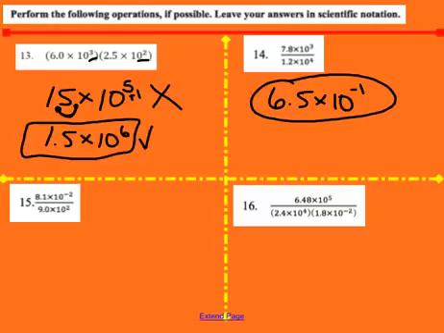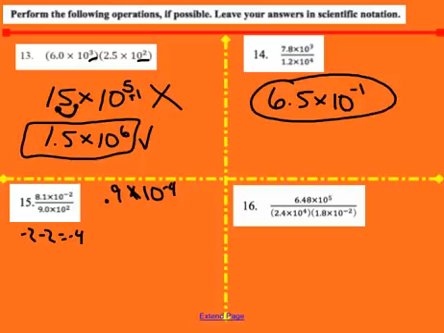8.1 divided by 9 is going to give us 0.9 times 10. All right, now negative 2 minus 2 more is negative 4, so this is going to be times 10 to the negative 4.